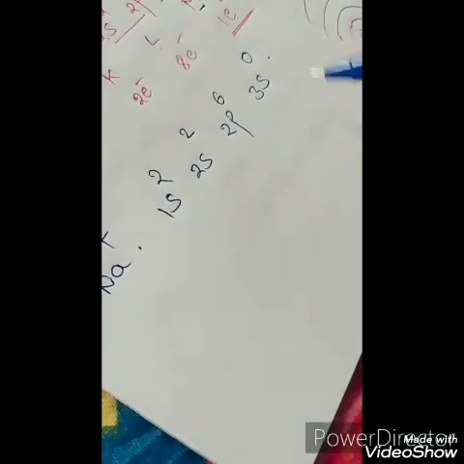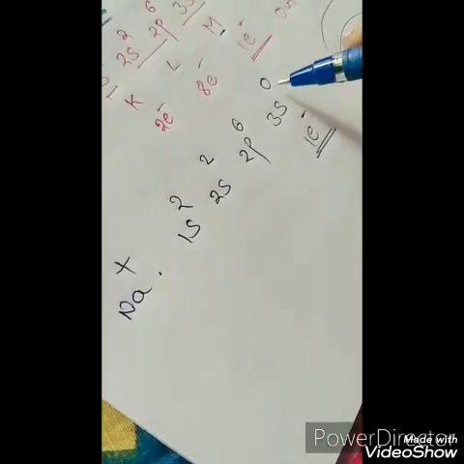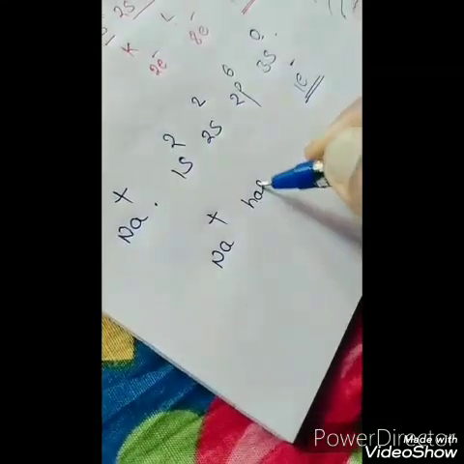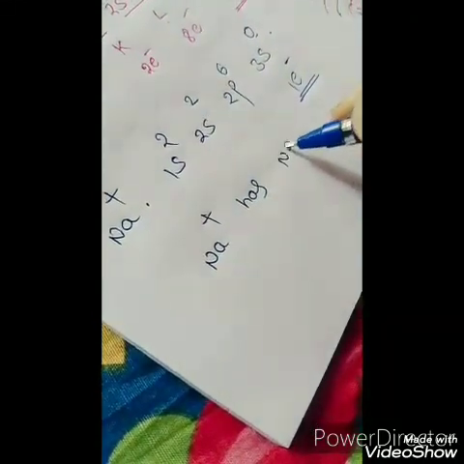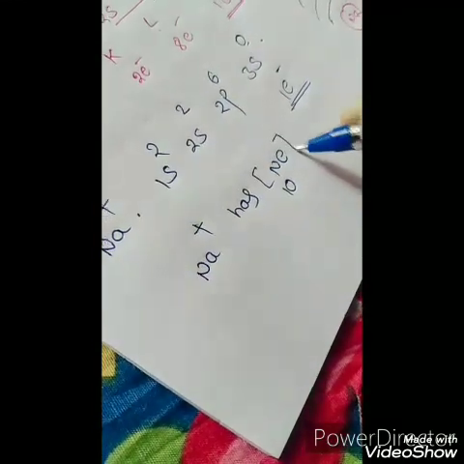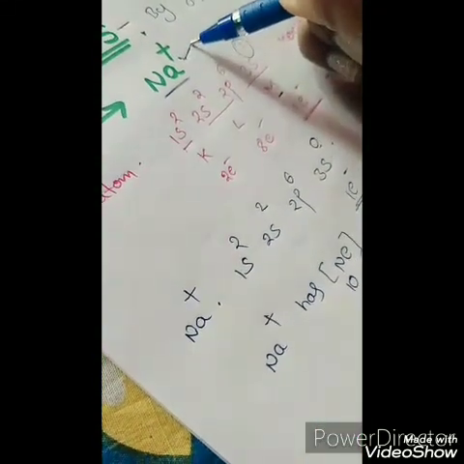That means this 1 electron has been lost, so we represent 3s0. Then Na plus has the neon electronic configuration, that is neon 10. By losing 1 electron, the ion has formed, right?